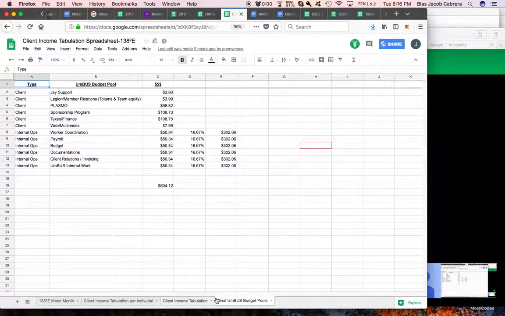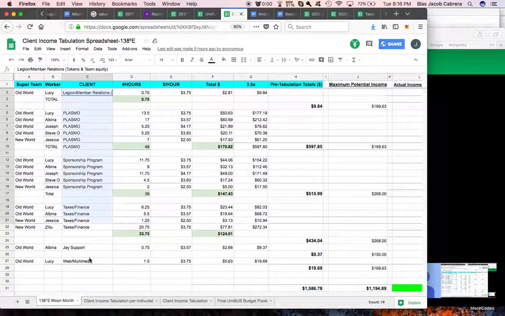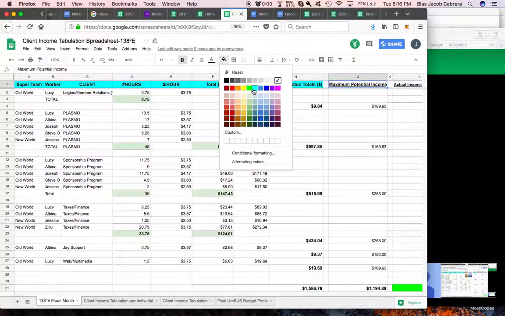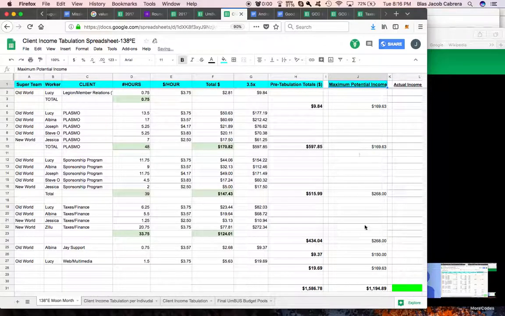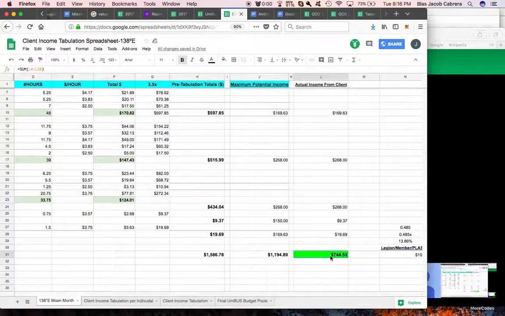So the client one, the outcome of this was the final UmBUS budget pools. So we had 12 final UmBUS budget pools, and this is the total. We started with the client income, the maximum potential income, right? And then this is the total amount we could have brought in, and this is the actual amount that we did bring in from the clients.